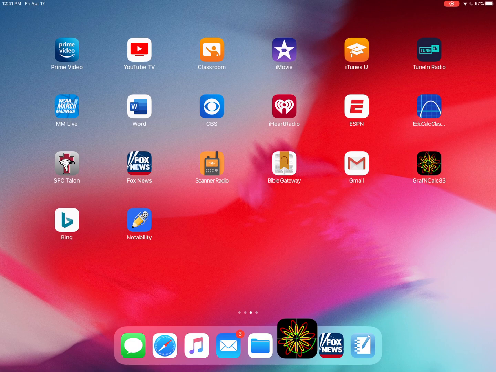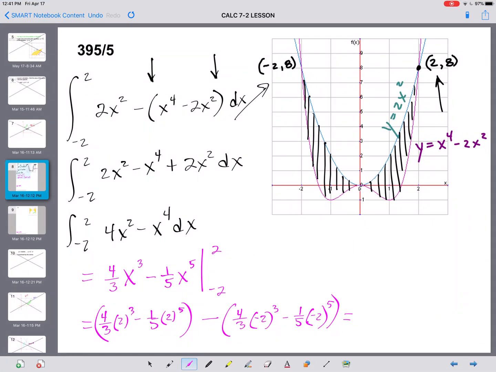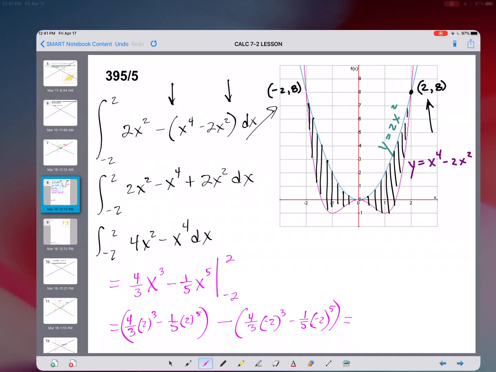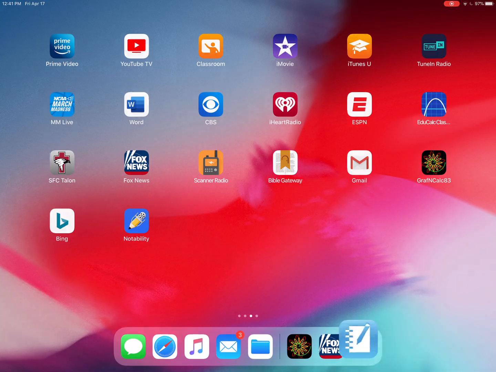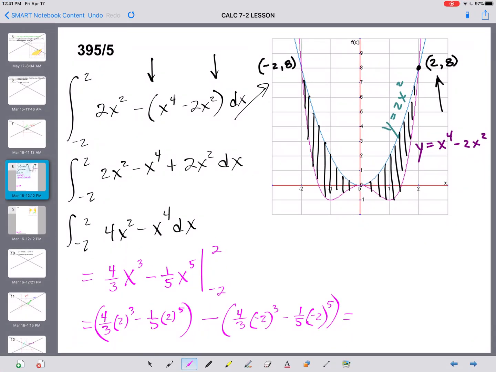Then we've got minus 1/5 times 2 to the 5th. Let's get a number for that. There it is, 4.26. Now minus, let's see what this is.